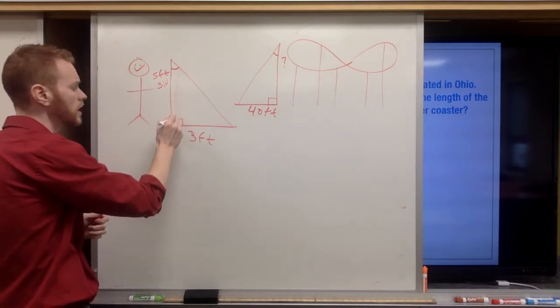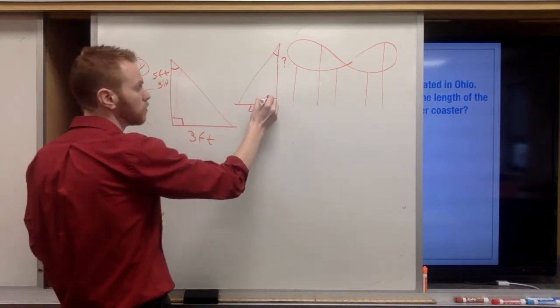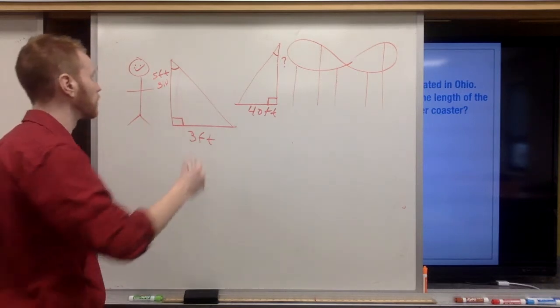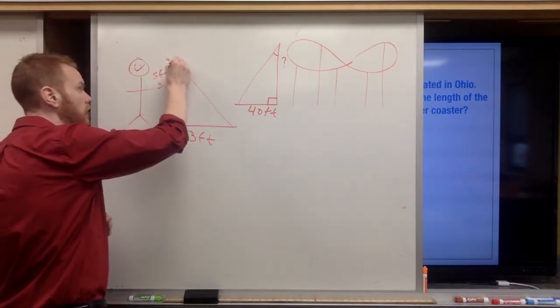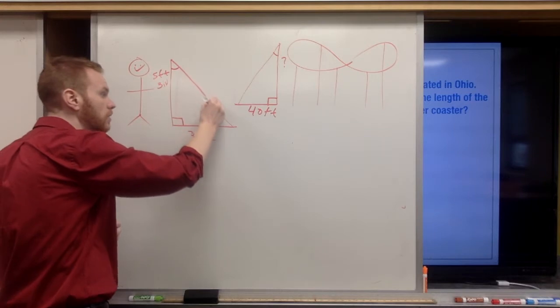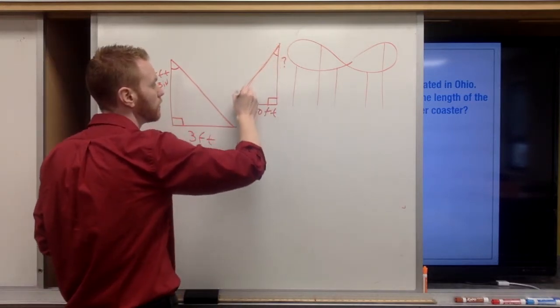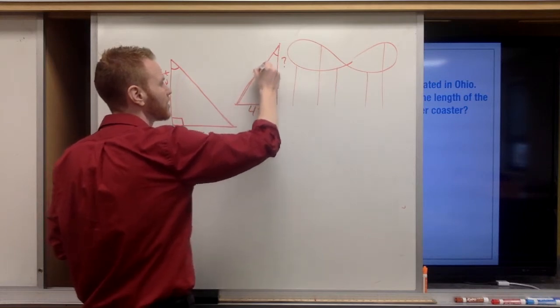Now you notice, yeah, we have 90 degrees here, but what other angle do we have involved that makes these guys similar? Well, we're talking about shadow lengths, right? So we're talking about the sun hitting this object and person, okay?